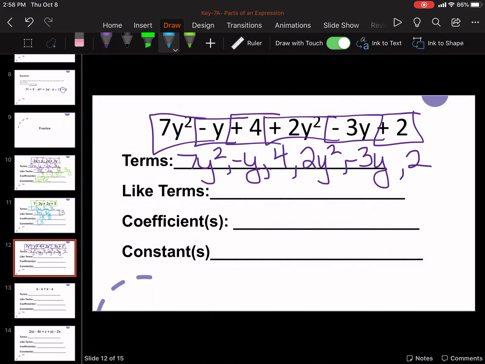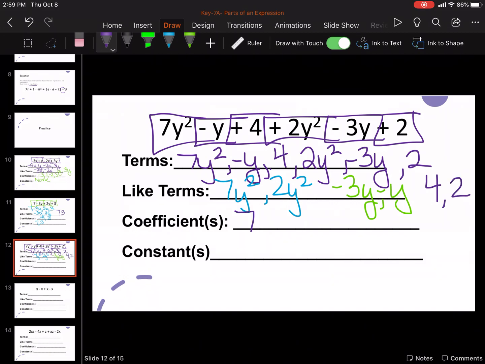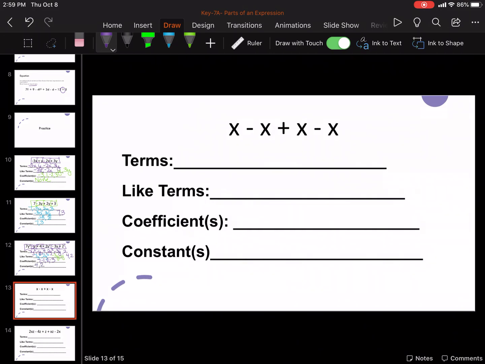Like terms, 7y squared and 2y squared, -3y and -y, and then 4 and 2. Coefficients, 7, -1, watch that one, 2, -3. Constants are 4 and 2.